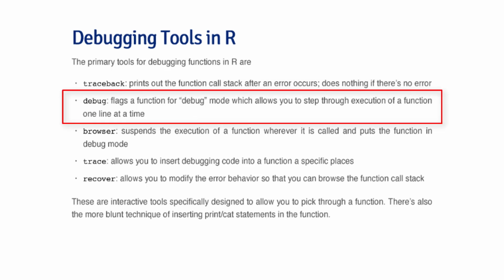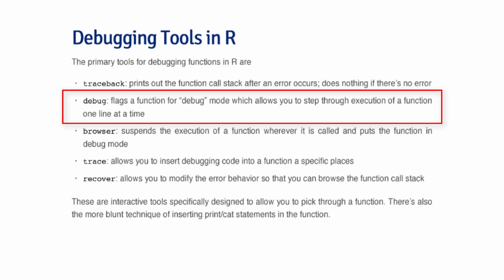Next, the debug function is probably the handiest function. You give it a function as an argument, and it flags that function for debug mode. What debug mode means is that anytime you execute that function, anywhere, even if another function calls it, it will halt and suspend the execution of the function at the first line, and then you are in what's called a browser, and I'll show you how this works.